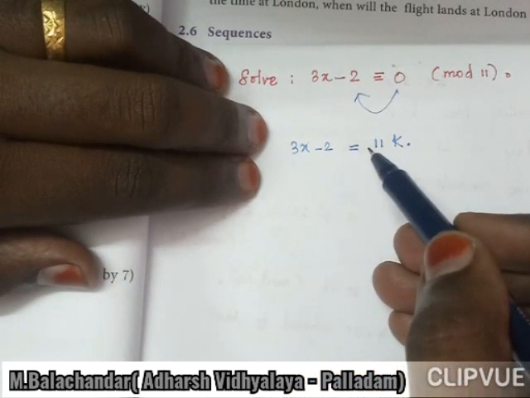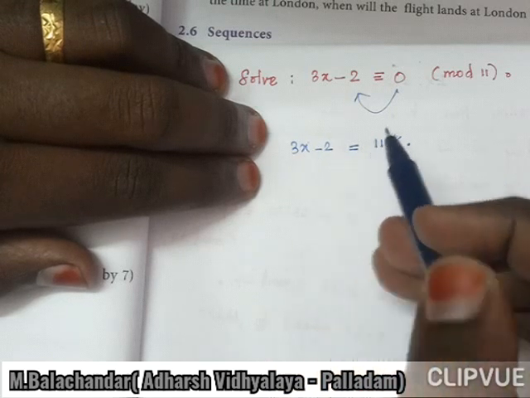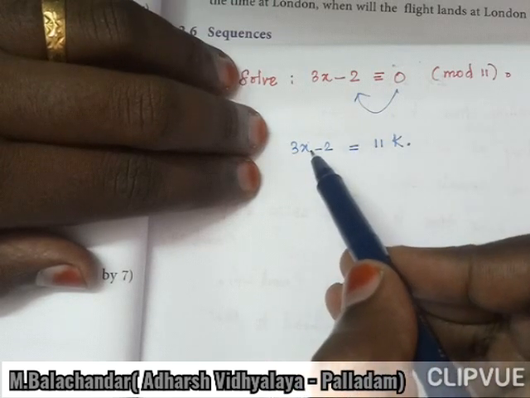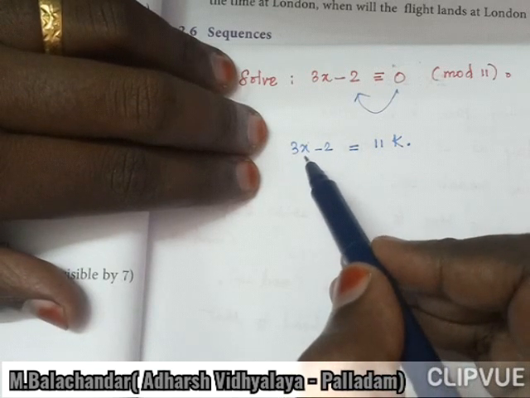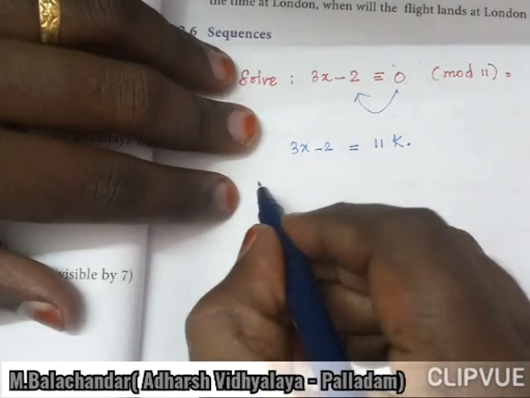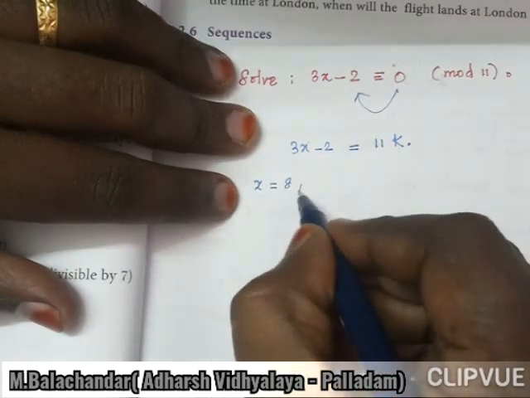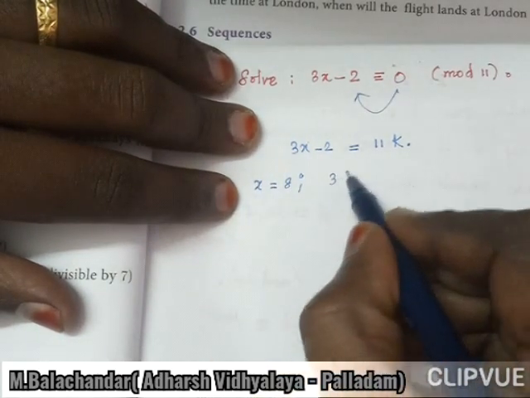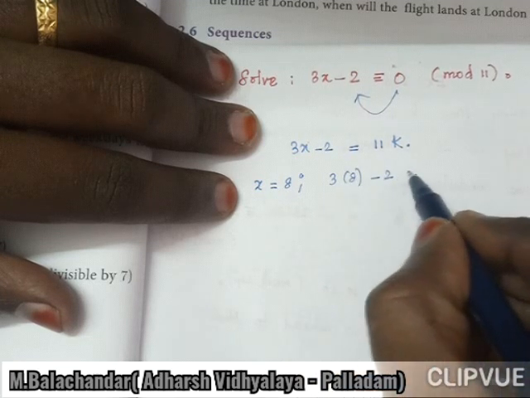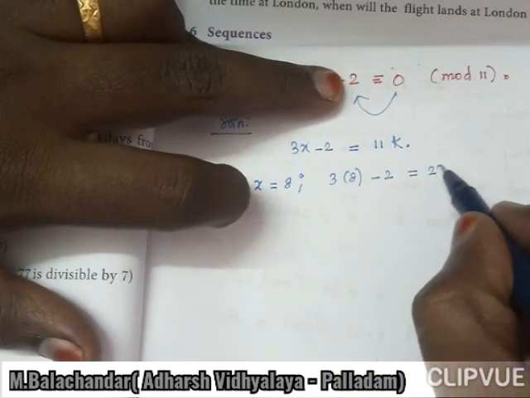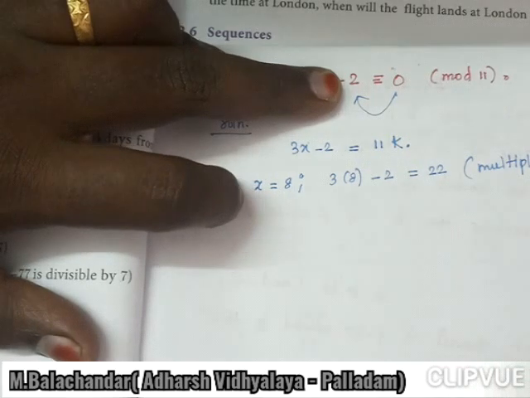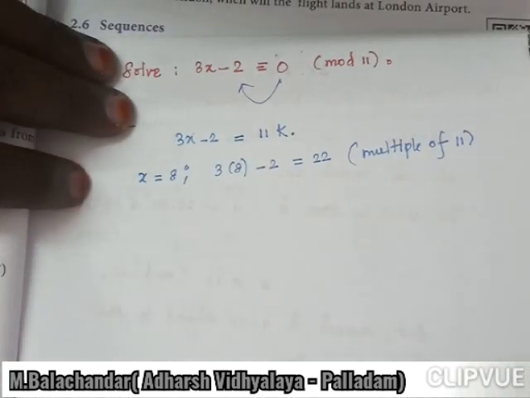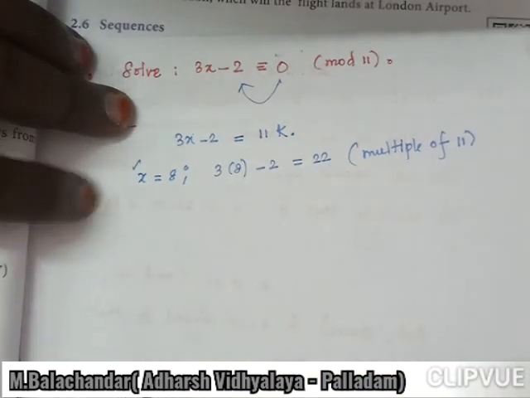If you assign the value 8, x is equal to 8 means 3 into 8, 24, 24 minus 2, 22. It is a multiple of 11. So one of the values is 8.